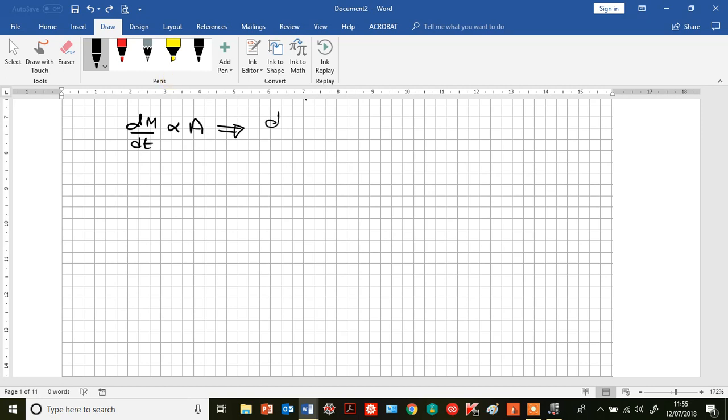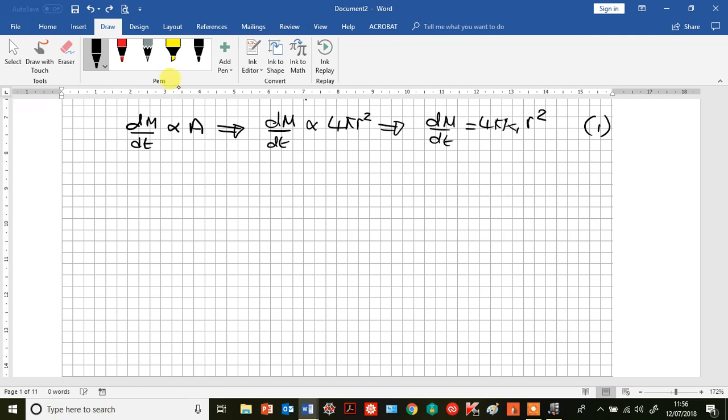So dm by dt is proportional to 4 pi r squared. Where you have a proportionality sign, you can rewrite the equation as dm by dt equal to the proportionality constant k1 times r squared. We'll call this equation 1.